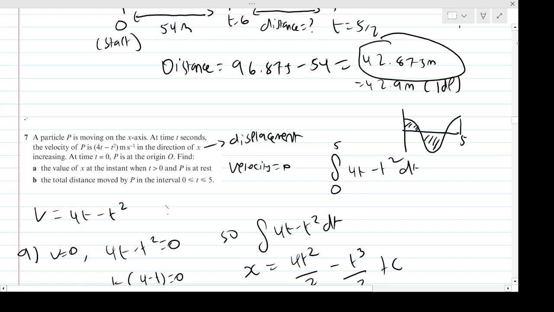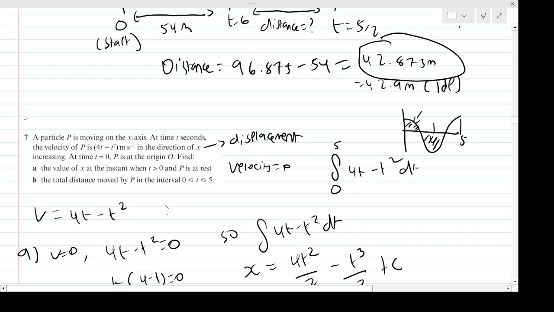What would happen is, if we just did that all in one go, these two areas would cancel each other out, the negative and the positive area, right? That would net to 0 or something like that. But obviously for the distance, we want to account for all the individual areas and add them up. So we can't just do 0 to 5 in one go.